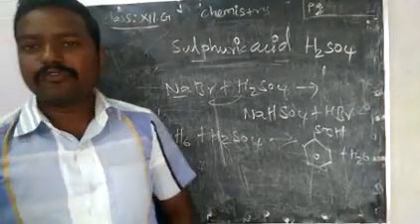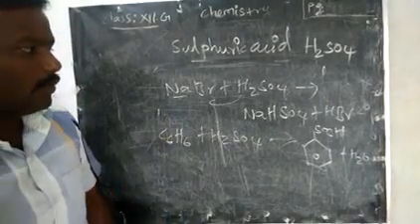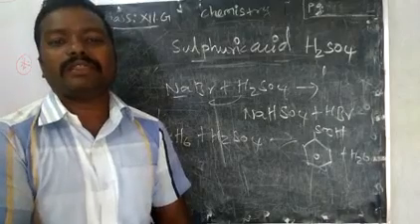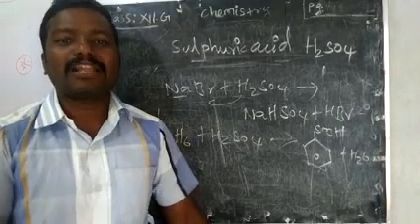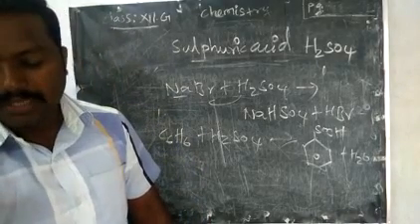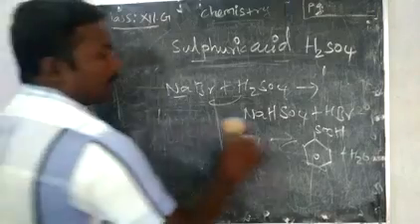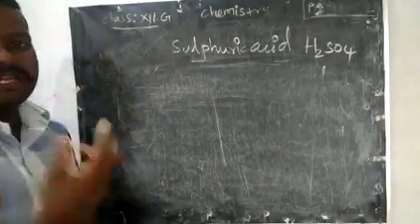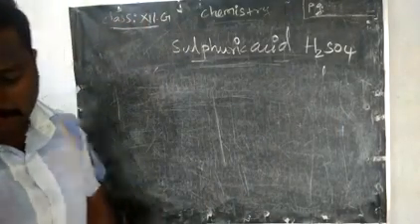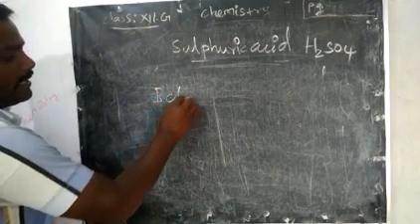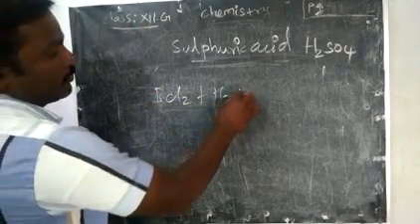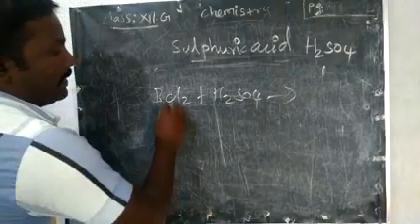Here they have given the test for sulfate and sulfuric acid. Suppose you are given one liquid that may be sulfuric acid, how do you confirm? We can add barium chloride, it will give barium sulfate as a white precipitate. Listen, barium chloride with H2SO4. What will happen?